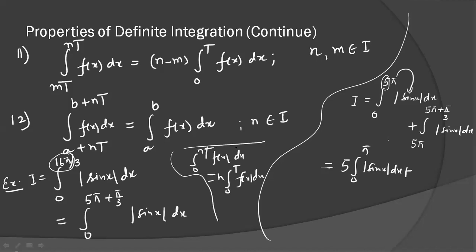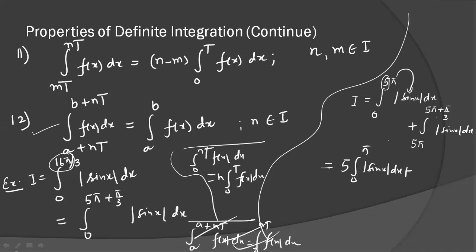Now use the 10th property: integral a to a plus nT of f(x) dx is equal to integral 0 to nT of f(x) dx. Or you can use the 12th property here, not this one.